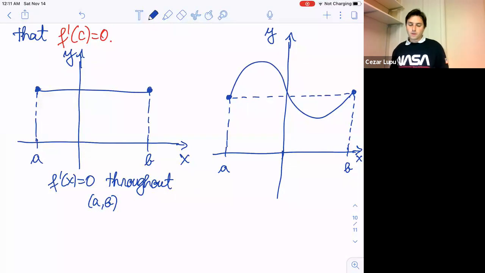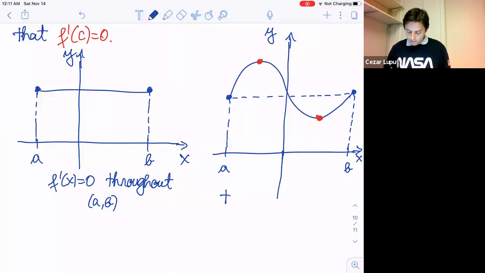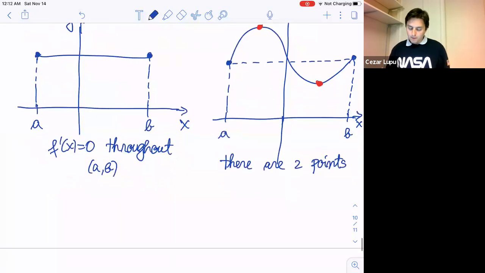So here, there are 2 points, this one here and this one here, for which f prime of x is 0. So let's write that. There are 2 points with f prime of x equals 0.